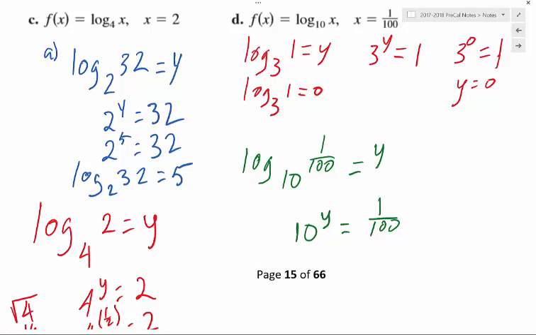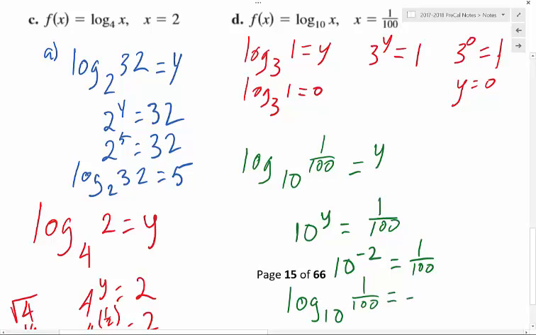First of all, 10 to what power equals 100? Well, 10 squared is 100. But I can't just have 100, I have to have 1 over 100. So what that'll tell me is I will have 10 to the negative 2 power equals 1 over 100. Because anytime I have a negative exponent, it flips it from top to bottom. So the answer, log base 10 of 1 over 100, equals negative 2.